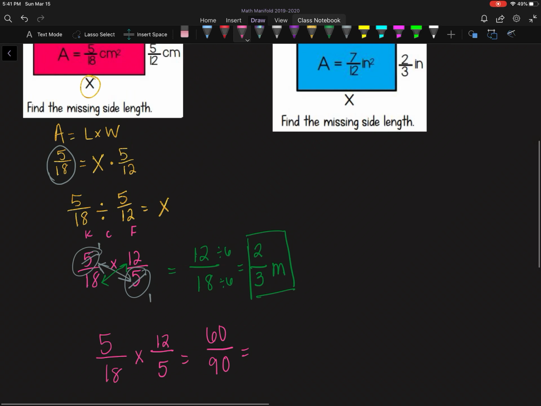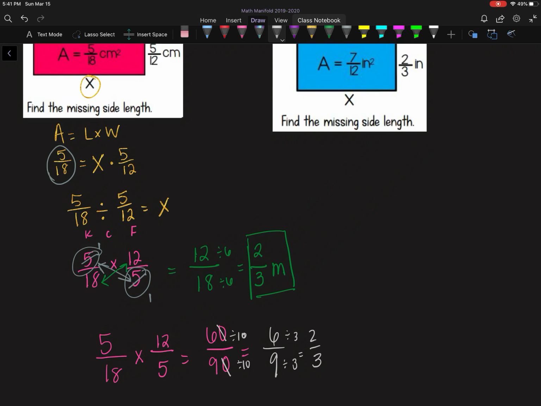And then I could have gone through and automatically seen, ooh, I could divide by 10, because they both end in a 0, and that would have left me with 6/9. And then I could divide by 3 and be left with 2/3. So just something to think about.